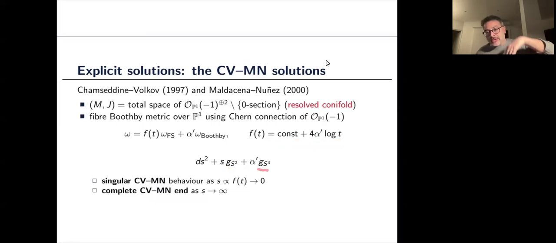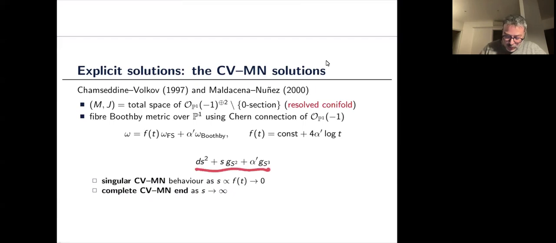Here I write g_S3 for a metric on S3, which in this simple example is just a round metric on S3. But really, the manifold is not S2 times S3, it is really an S3 fibration over P1, where I'm using the Chern connection of O(-1) to write this metric here.